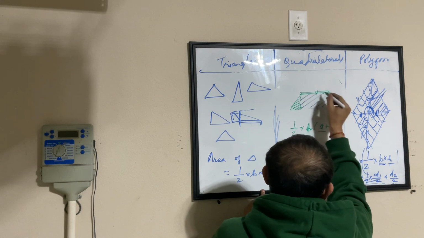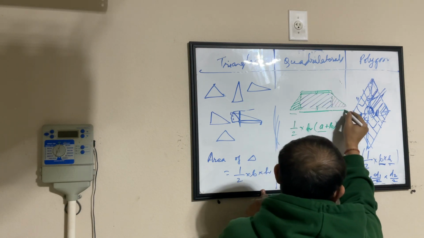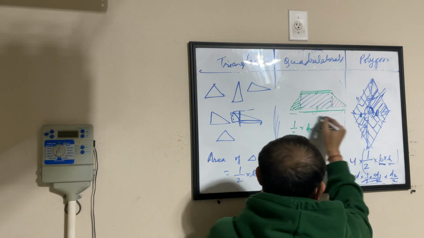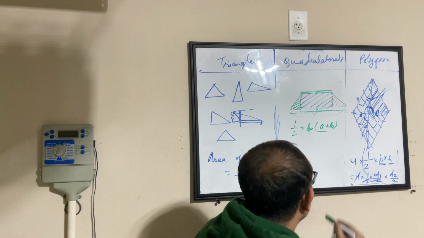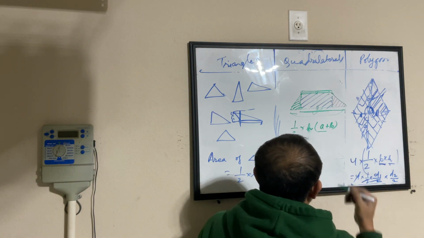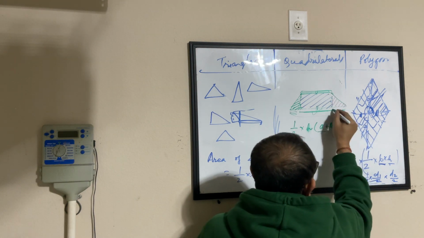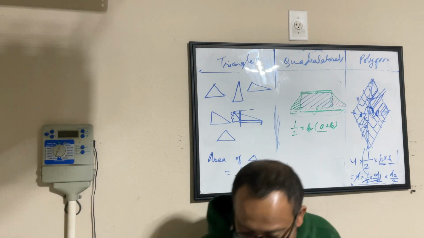This is the parallel line. Here to here is A, and this plus this together is B. So if you look at it carefully, when you find the area of this one, it will be A times the height, and this will be this plus this into this by 2. That put together gives you the formula.